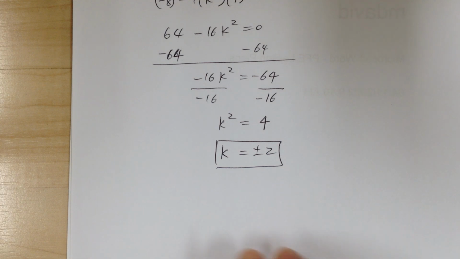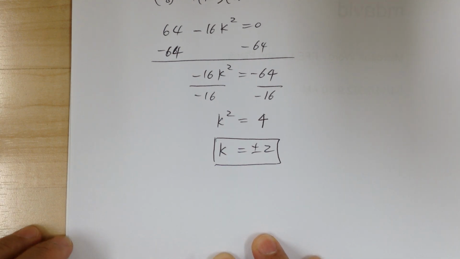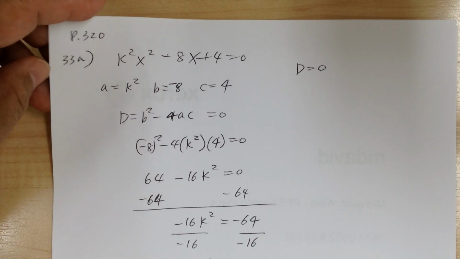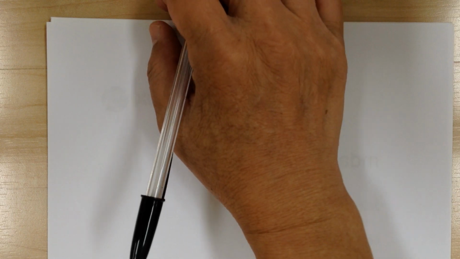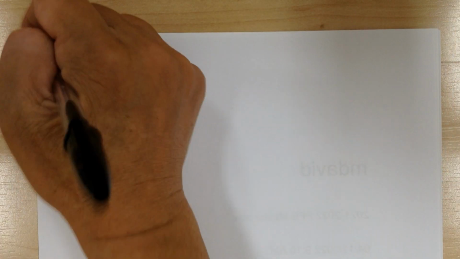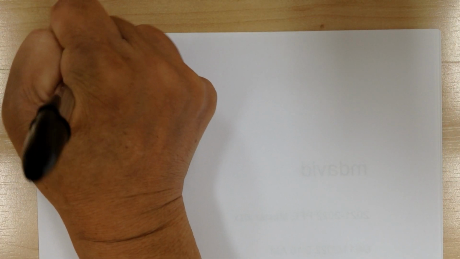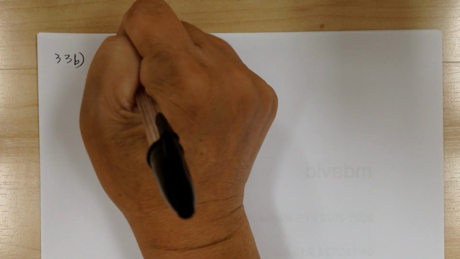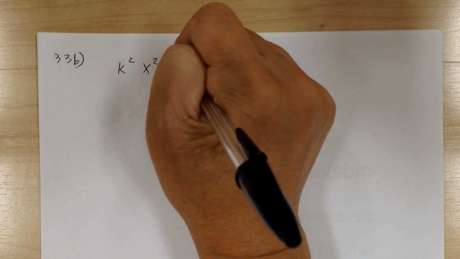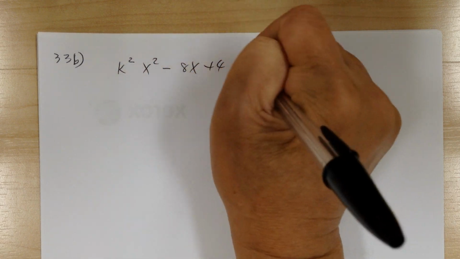Okay. Now let's go to B. So you got k squared x squared minus 8x plus 4 equal to 0.